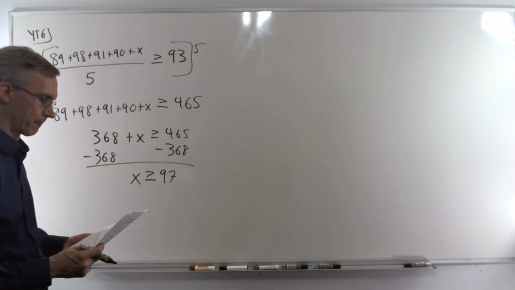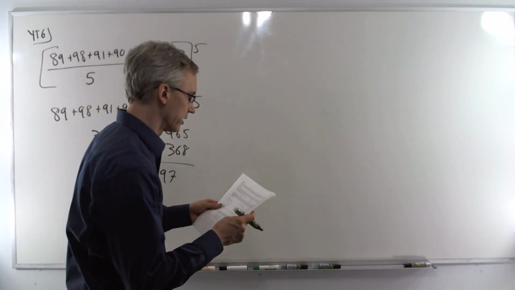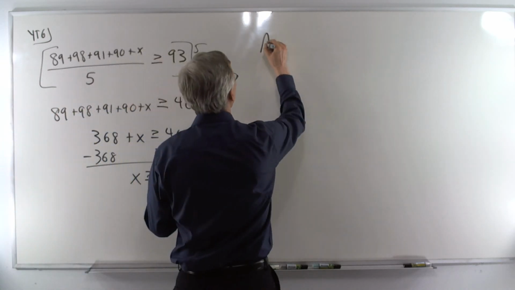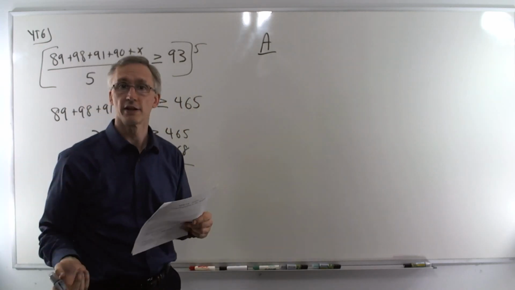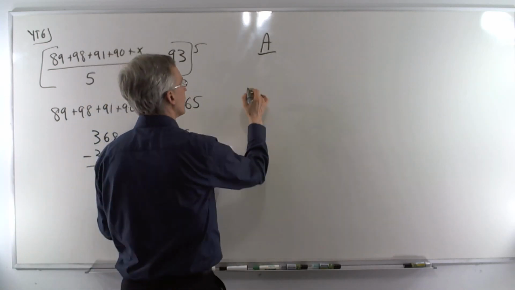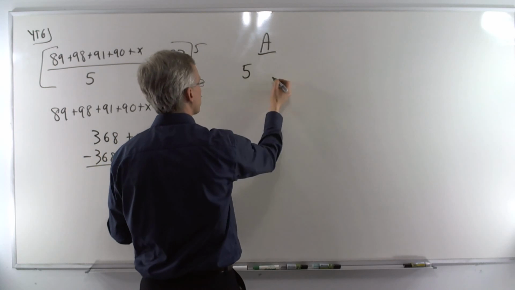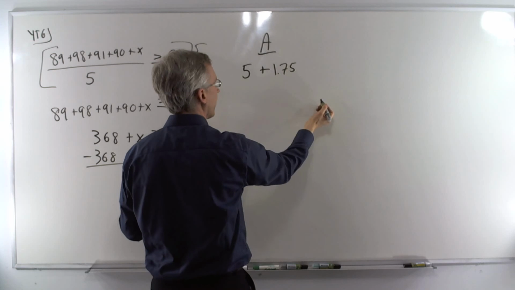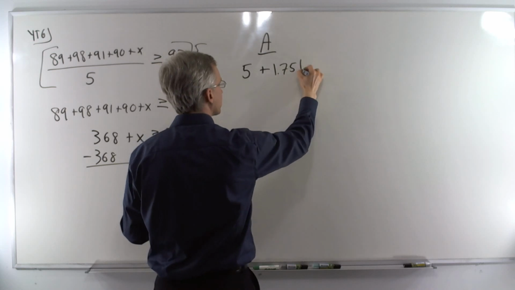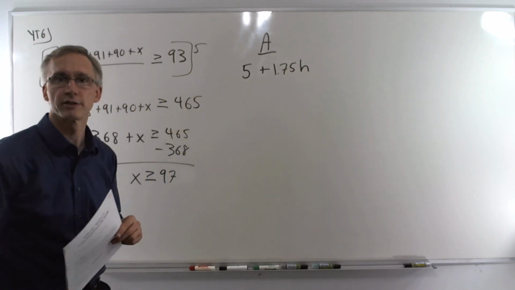Next example. Got a rental company A that charges $5 to rent a leaf blower plus $1.75 per hour. All right, $5 is the initial charge plus 1.75 per hour, so we take 1.75 and multiply by the number of hours h.